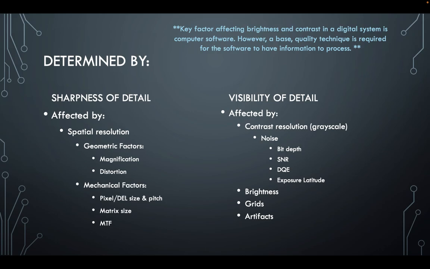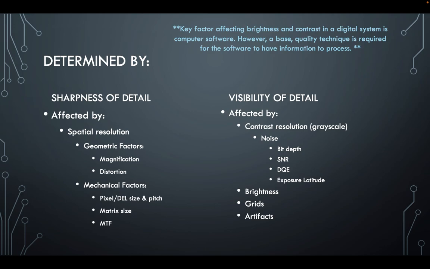Do I have the bit depth built in to actually see all the varying shades of gray? Is my actual detector working properly, with all its components working properly, so that it's turning my signal, the x-ray that I'm sending through the patient, is it picking it up and turning it into a usable x-ray?